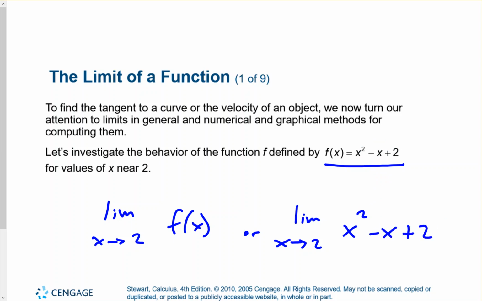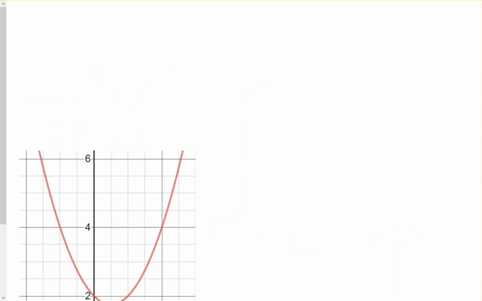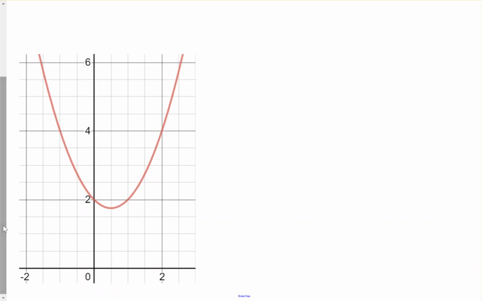All right, so let's see what happens. I like to take a look at the graph of this function. It's a quadratic, so it'll be a parabola, and we're going to look at what's happening near x is 2. I went ahead and graphed this using Desmos, a very useful graphing utility.